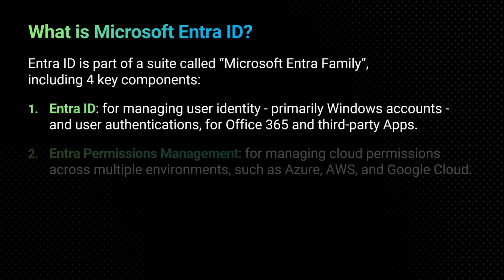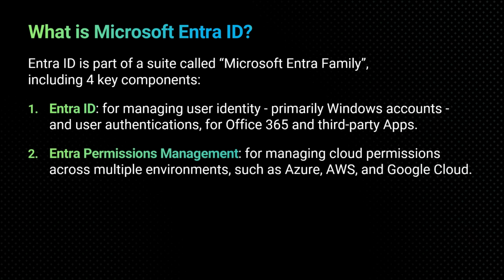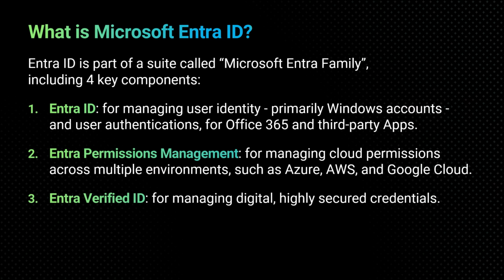The second component is called Entra Permission Management, and this is for managing cloud permission across multiple environments, in particular Azure, AWS, and Google Cloud. The third one is called Entra Verified ID for managing digital and highly secured credentials.